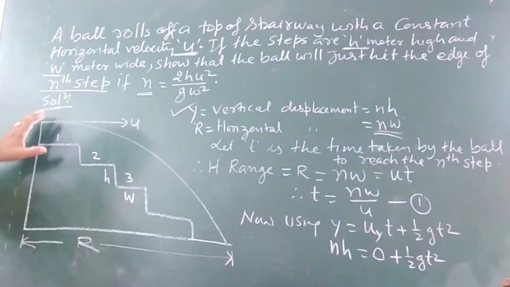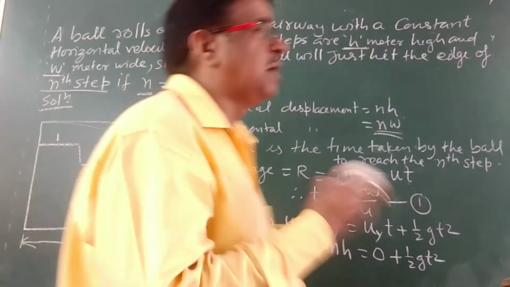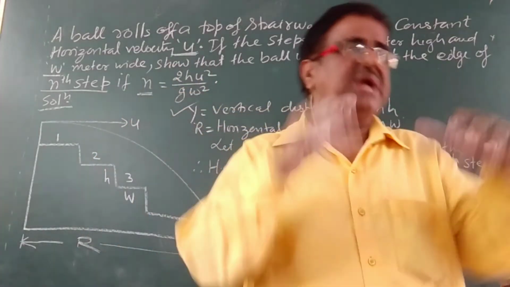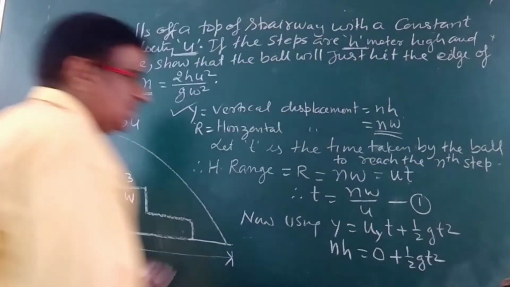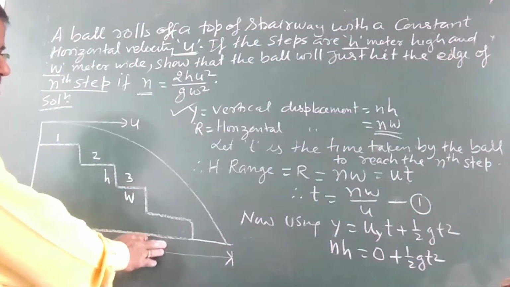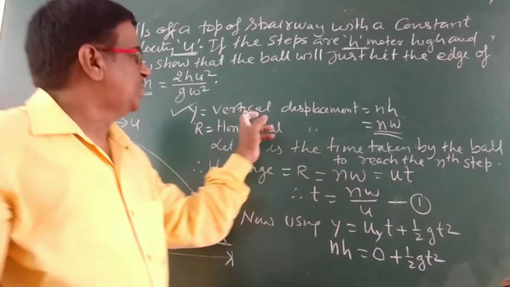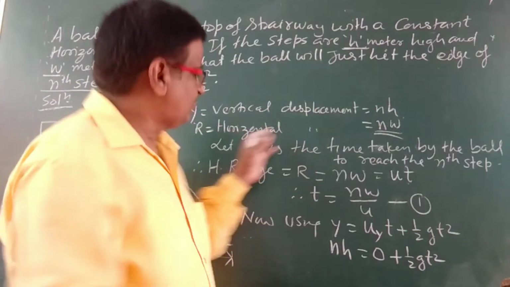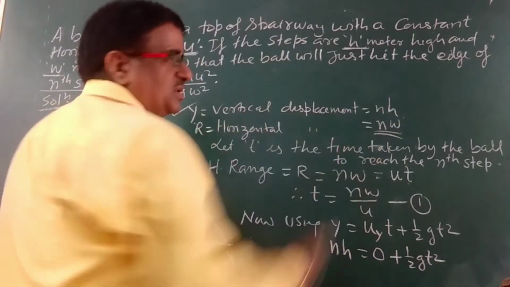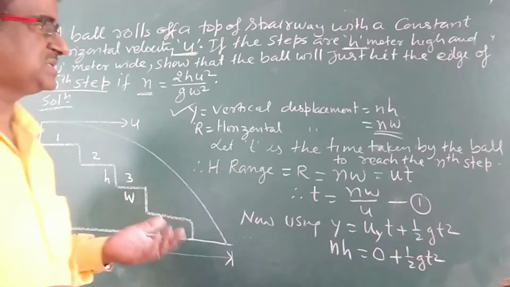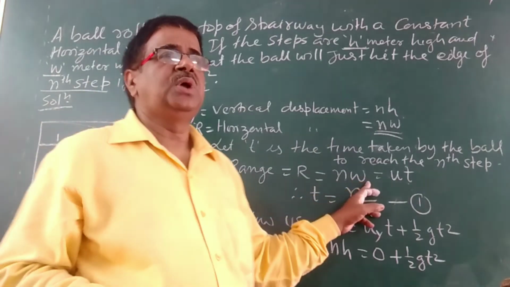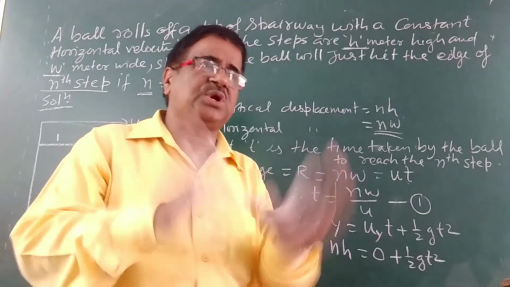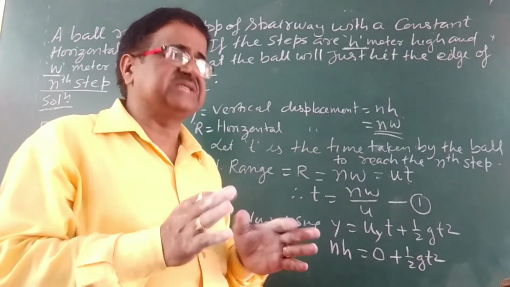Now let the time taken by the ball to reach the edge of the nth stair be t. The horizontal range R is the horizontal distance, and that will be nw. We are taking the motion of the ball along the x-axis.